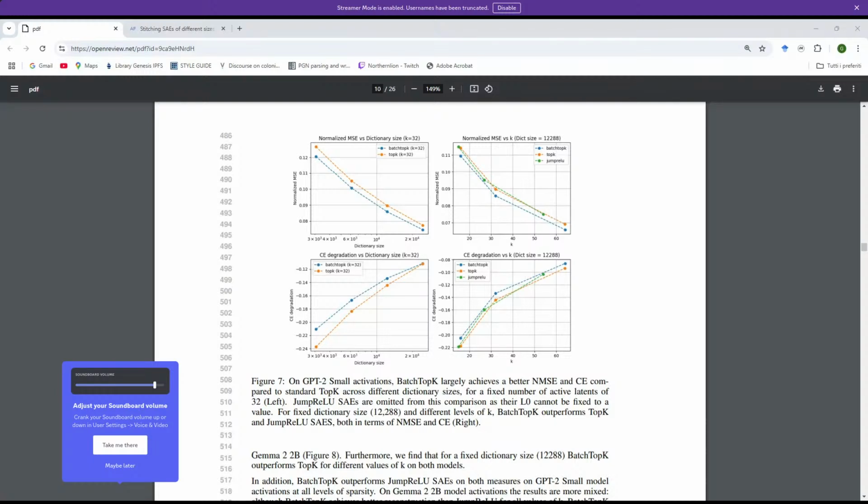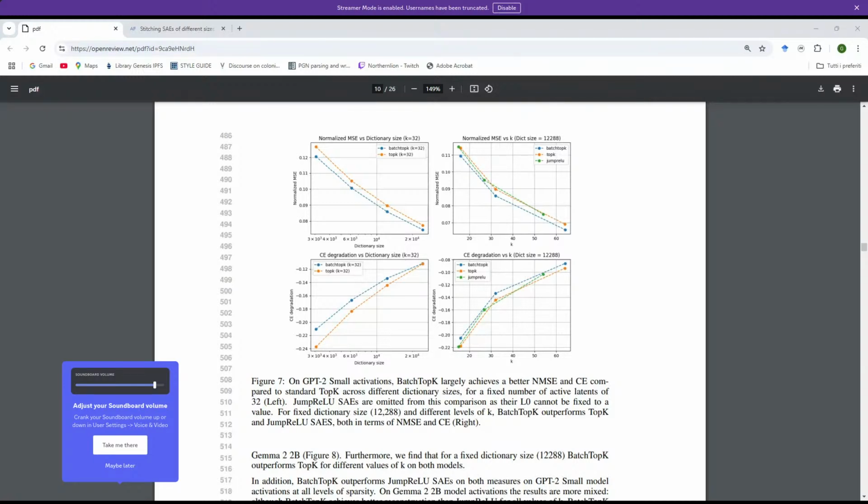Batch top K I think came out the week after top K, and then JumpReLU at the same time, because it's just the same thing; you just train it differently. So the fact that there still haven't been optimizations at inference time is maybe a signal that either people didn't explore enough or that it didn't give that much of a performance boost.